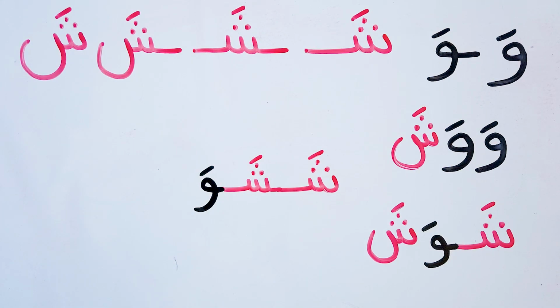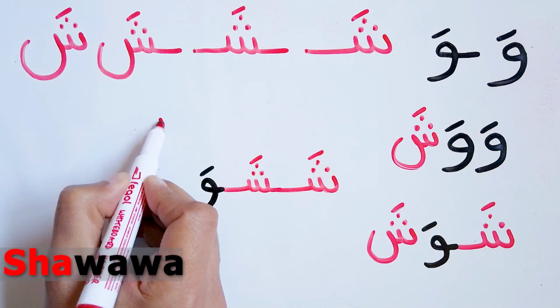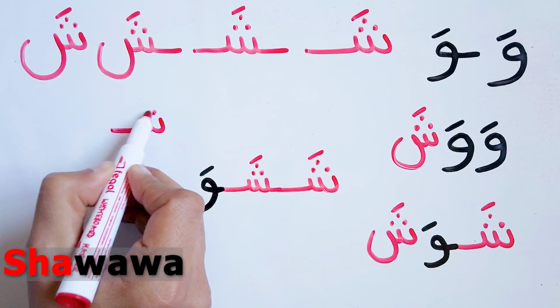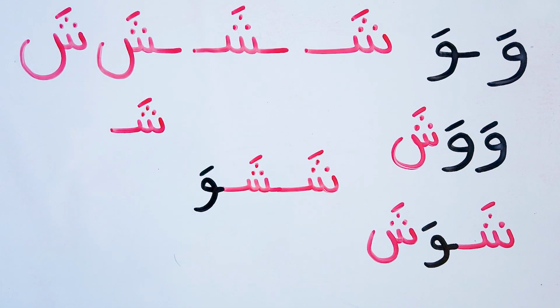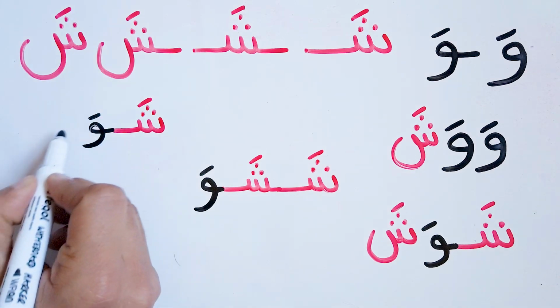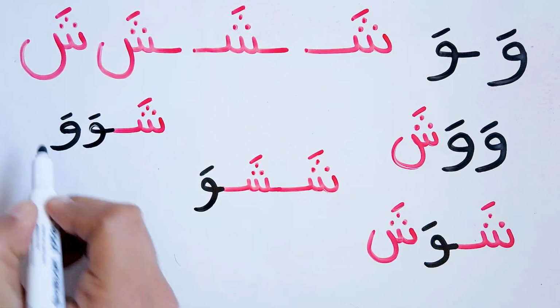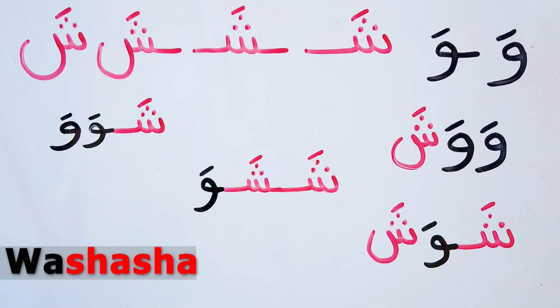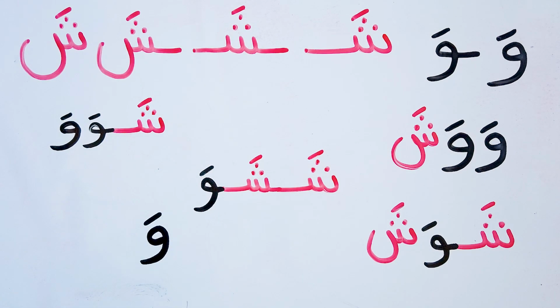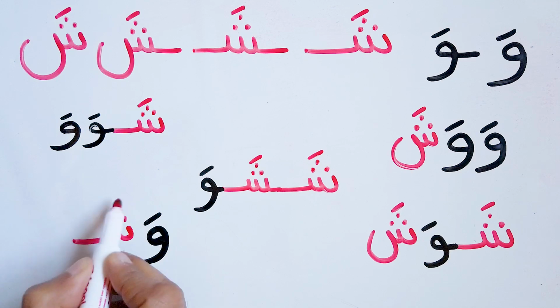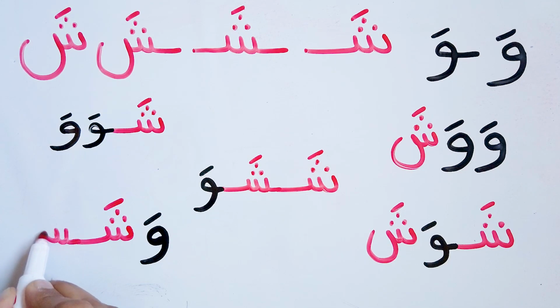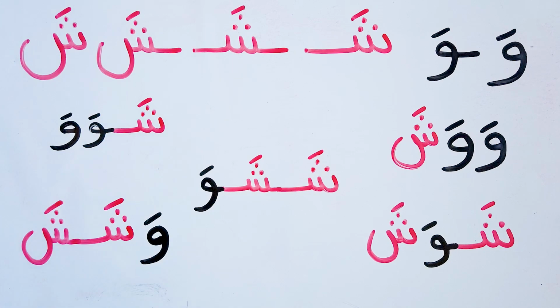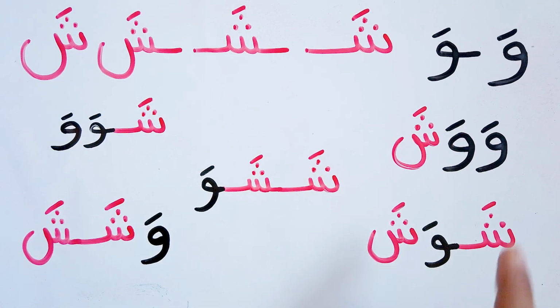The fourth word is shawawa, sha, wa, shawawa. The last word is washasha, washasha, sha, sha. Let's read them together.